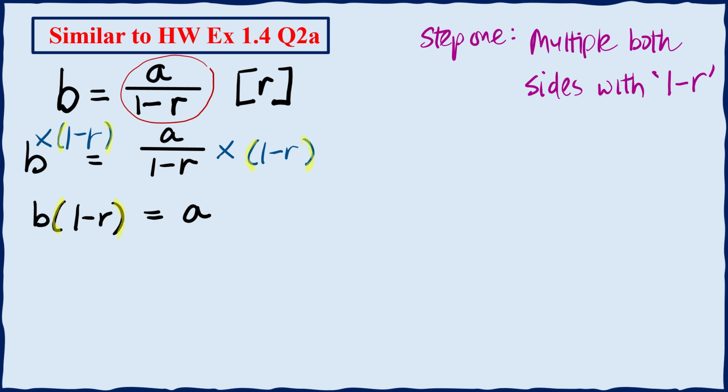Okay, it is not the same. This b bracket 1 minus r is not the same as b. You're multiplying b with the whole of 1 minus r. So therefore, you need to bracket it.